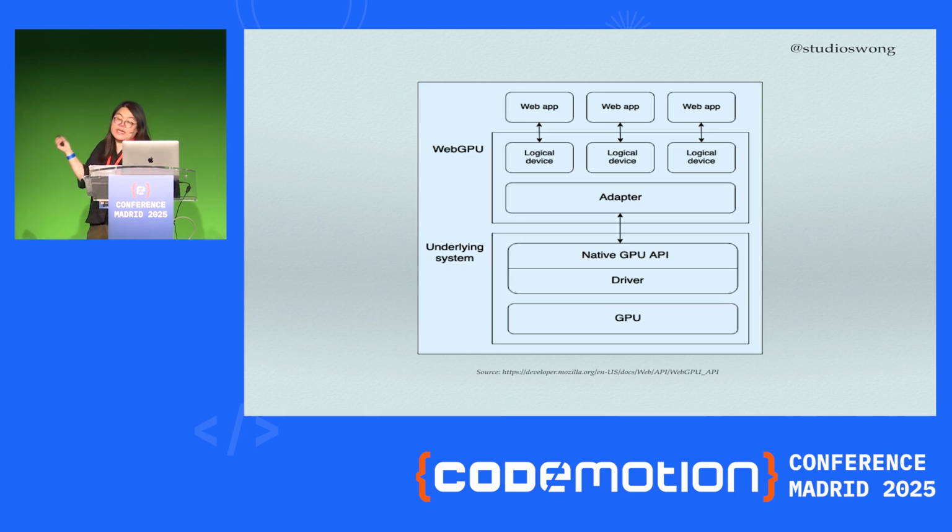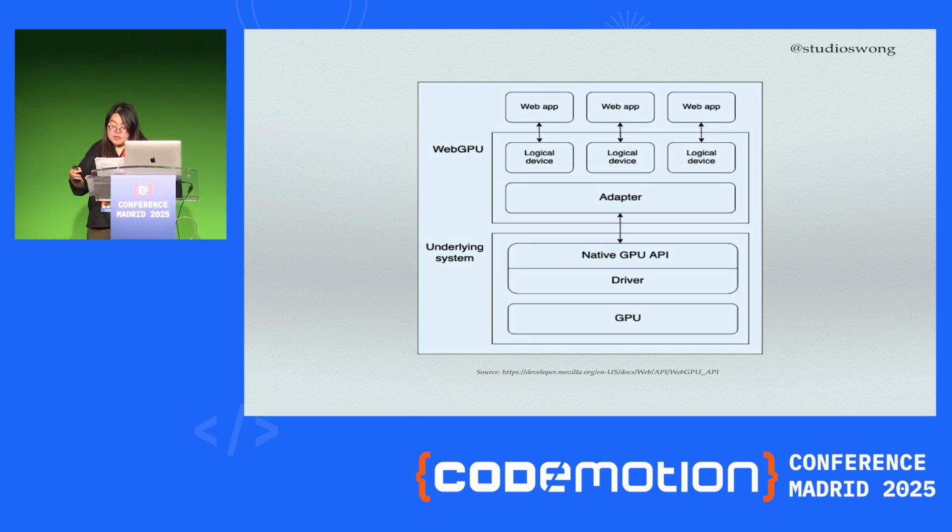It allows all these native applications to utilize the GPU's capability by sending instructions via a GPU driver. Some systems have multiple native APIs, but usually you have one to communicate with the local GPU.